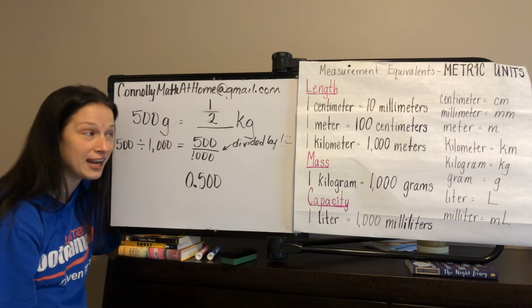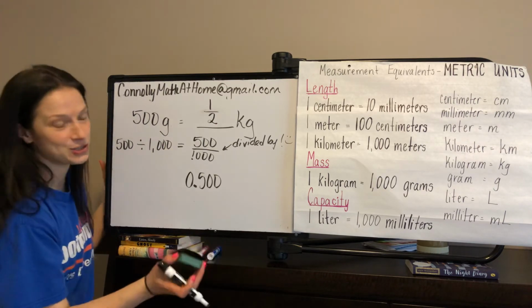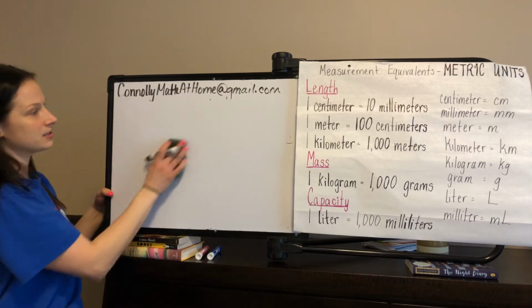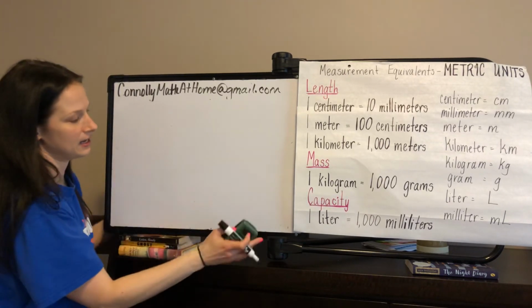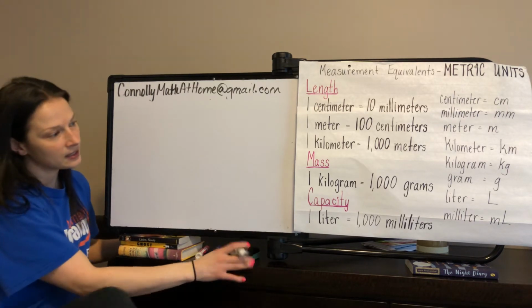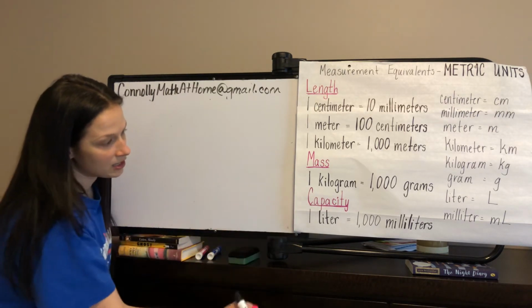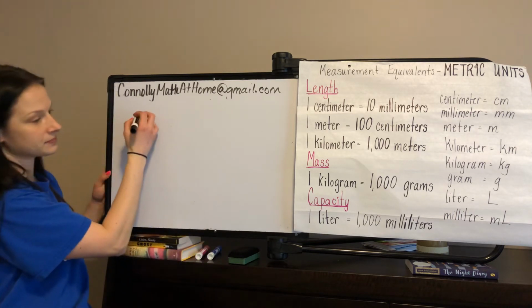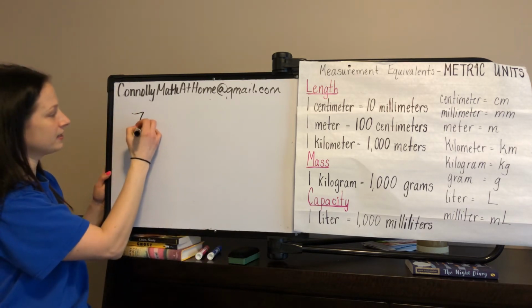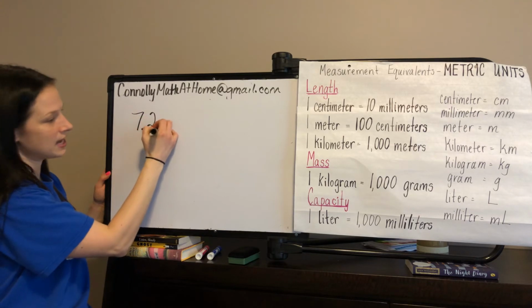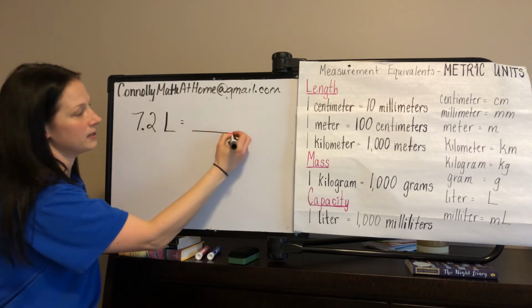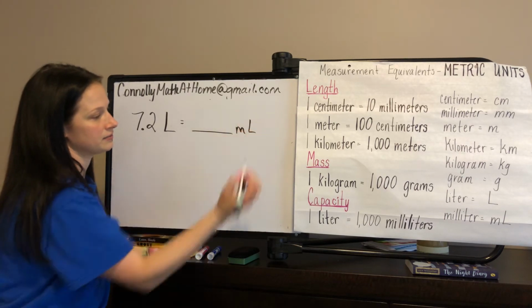Okay, so let's try another one. We'll do 2 more, so we make sure we cover all the different ones. So we did a mass one. Let's talk about liters. So let's say that you have 7 and 2/10 liters, and I want to know how many milliliters is that.